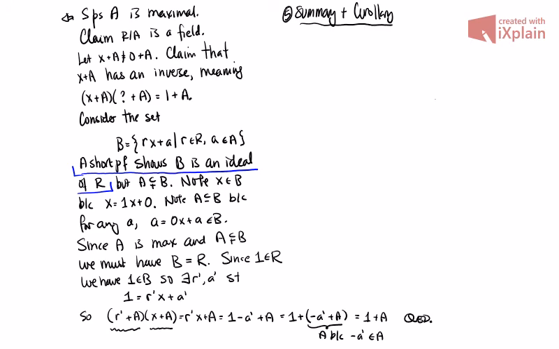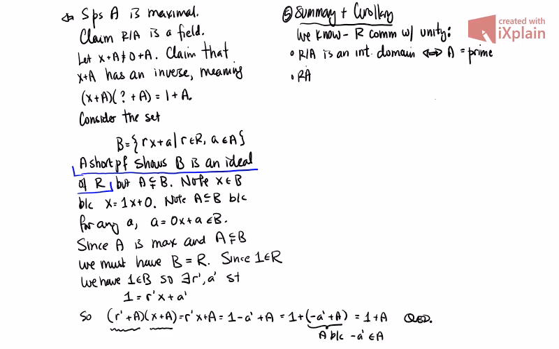So far we've shown two things, but there are actually three things I want to list here. This is again for R commutative with unity. The first thing we proved is that R mod A is an integral domain if and only if A is prime.